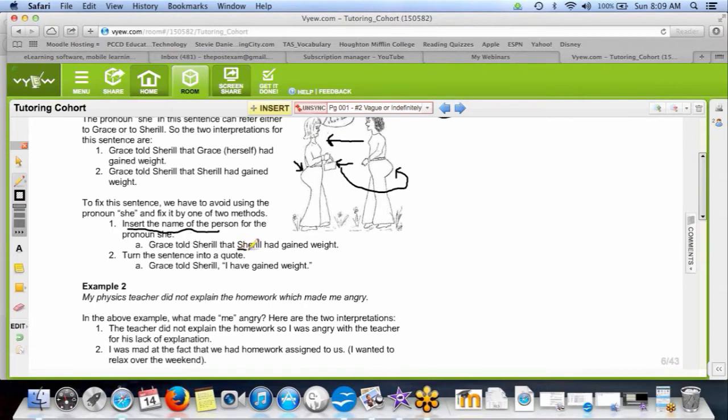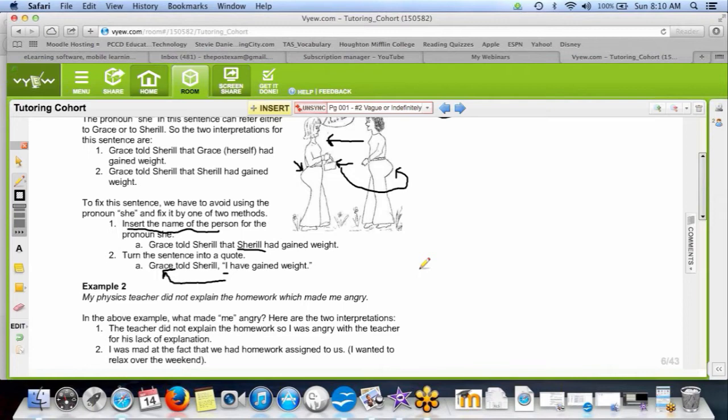We're going to take away she, and we're just going to replace it with the name of a person. Or we could say Grace told Cheryl that Grace herself had gained weight. Or we could make it into a quote. We can say Grace told Cheryl, quote, I have gained weight. Since Grace is the speaker, it can only be Grace that gained weight, not Cheryl. Or I could say Grace told Cheryl, quote, you have gained weight.